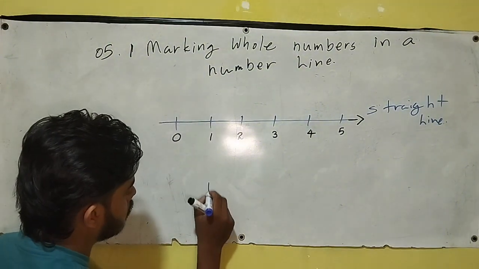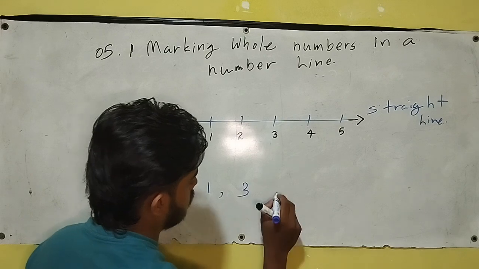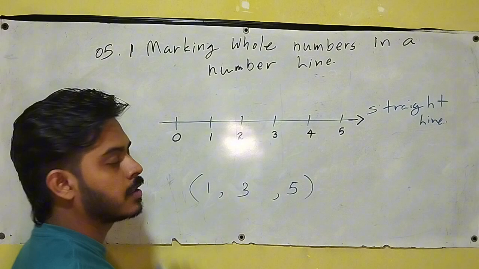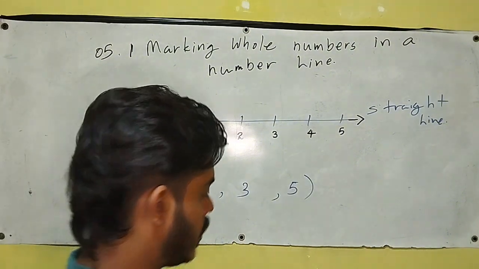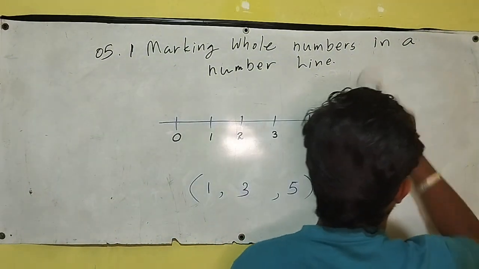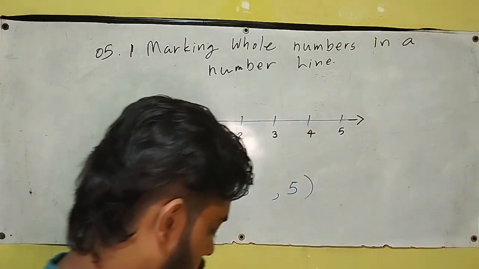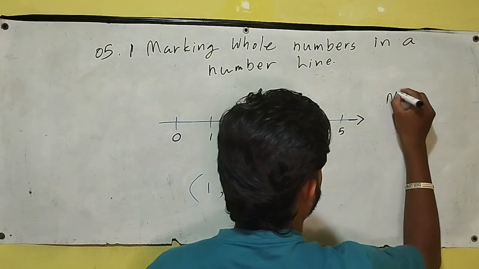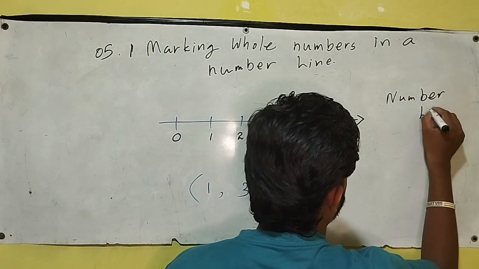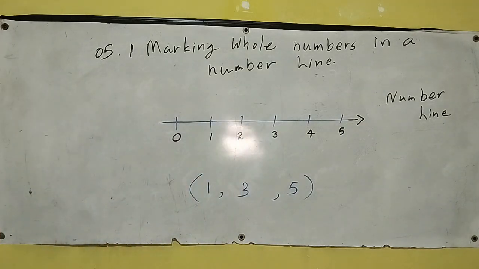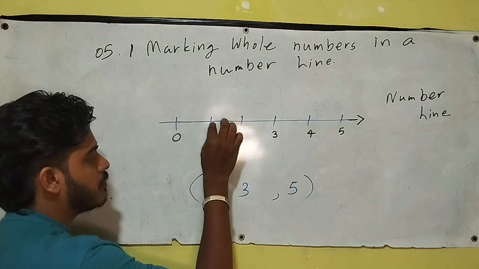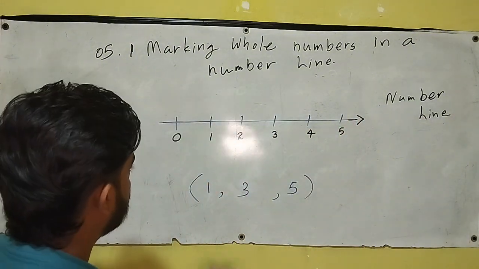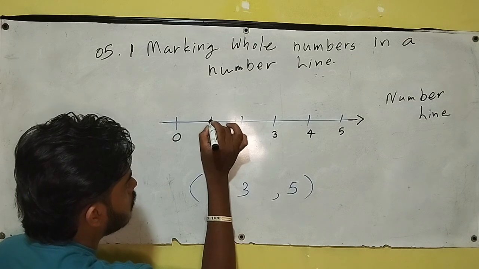I have to mark 1, 3, 5 on the number line. This is the number line. This is 1.